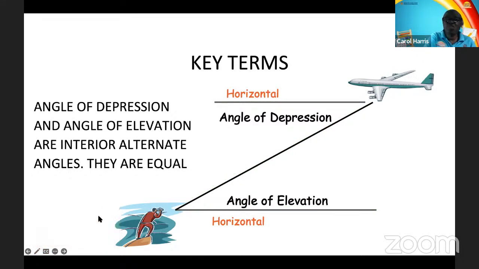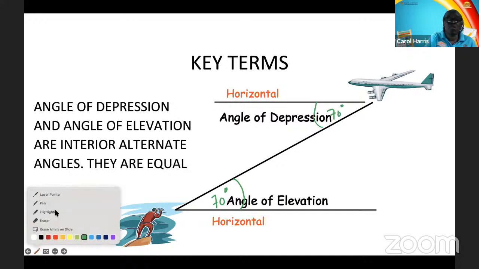And in geometry, those two angles will always be equal. Alternate angles are always equal. So you'll find that the angle of elevation is equal in value to the angle of depression. So if somebody were in the plane looking down at the man in the ship, the angle of depression for that person is the same as the angle of the person in the ship looking up at the person in the plane.